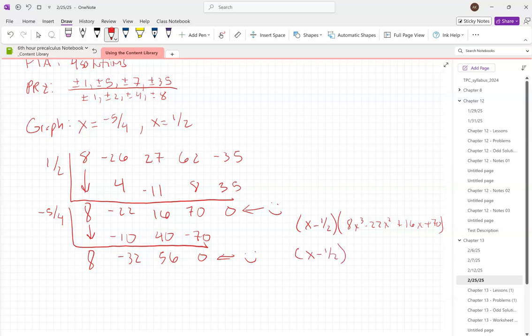So now, in addition to the x minus 1/2, we have x plus 5/4. And then, again, these numbers down here, remainder, constant, x squareds.